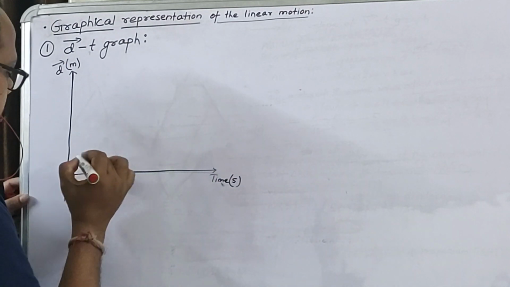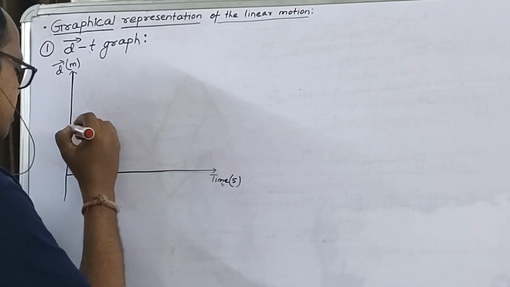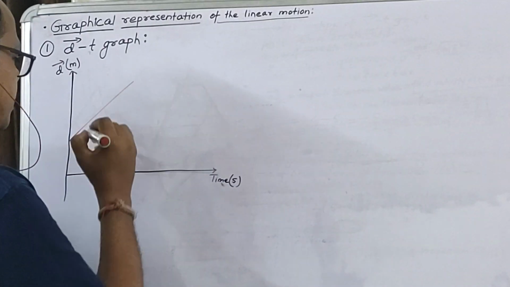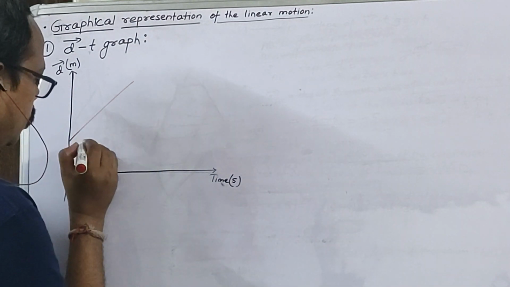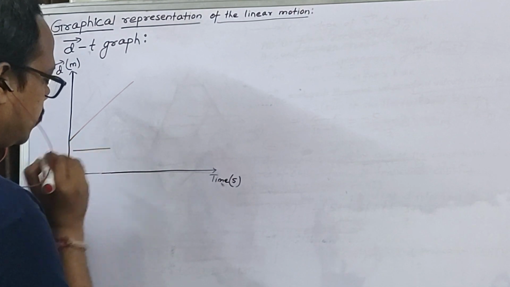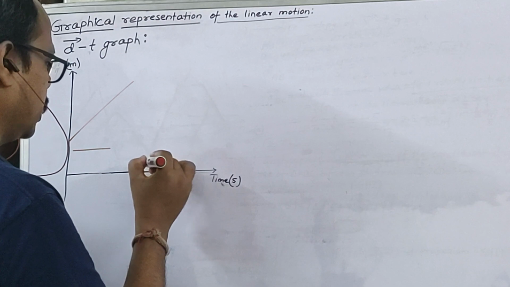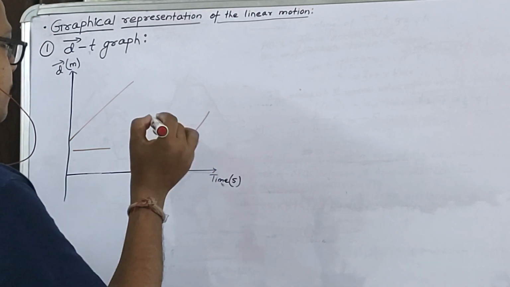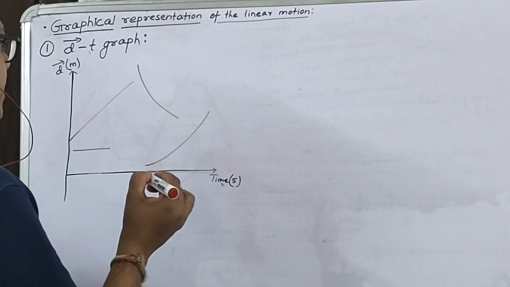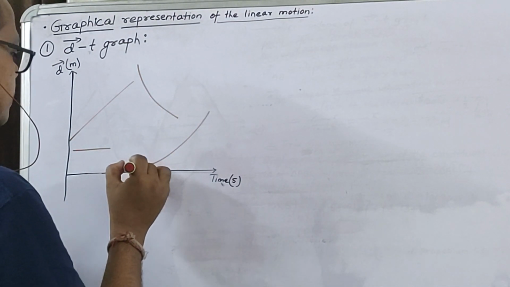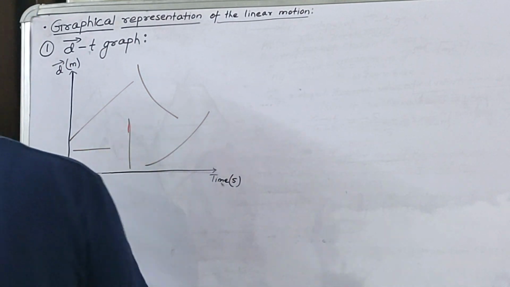So first, the displacement time graph of an object can be like this. It can be this way. Object 1. For object 2, it can be this way. For object 3, it can be this way. Object 4, it can be this way. Object 5, it can be a straight line basically, so this one.